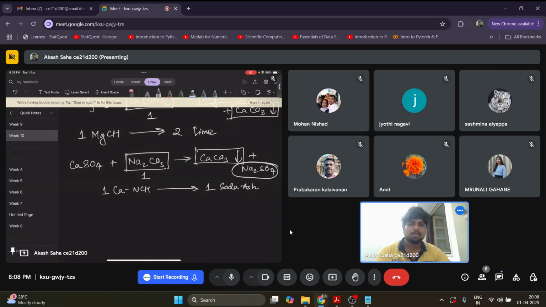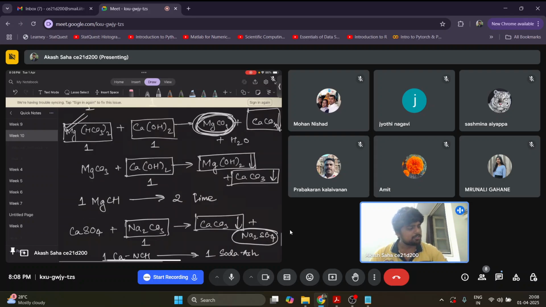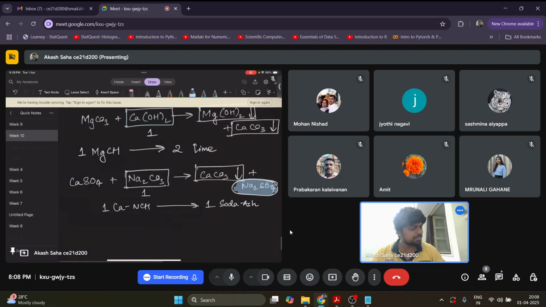Any idea? Because in the last case, we treated this MgCO3, right? This was creating a problem, so we added 1 more mole of lime and treated it. But what about this Na2SO4? Why are we not concerned about it?